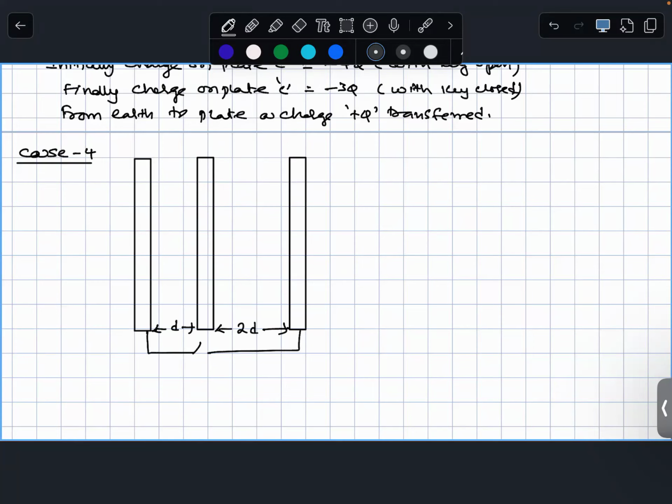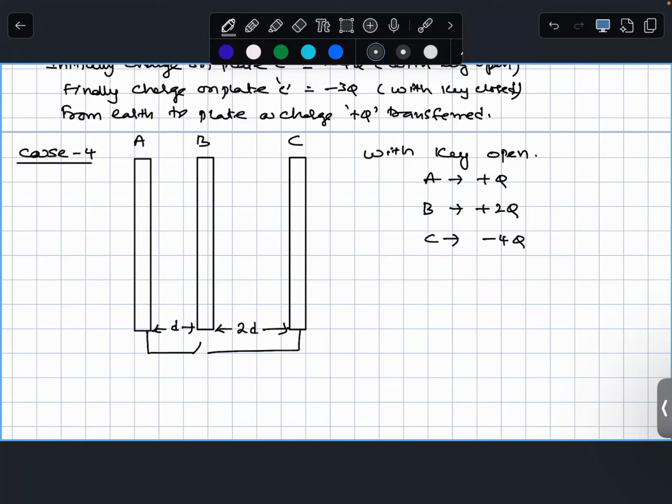Now, with the key open, A is having plus q, B is having plus 2q, C is having minus q.